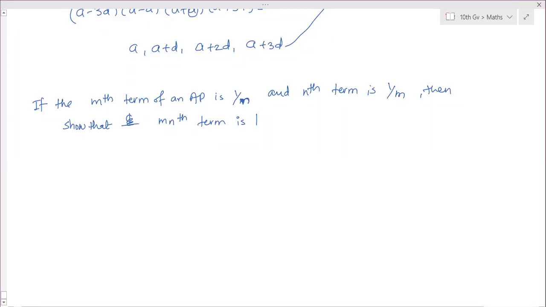So here, instead of numbers, variables are used. If m and n are any numbers, it is exactly similar.